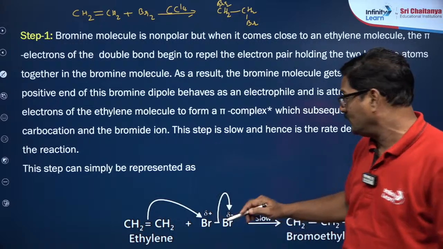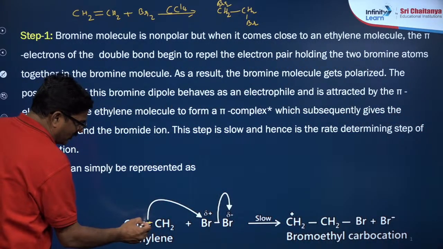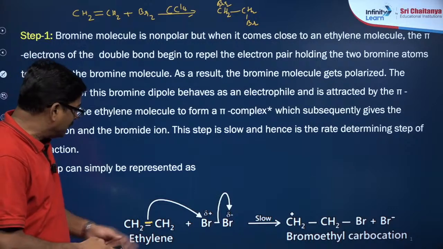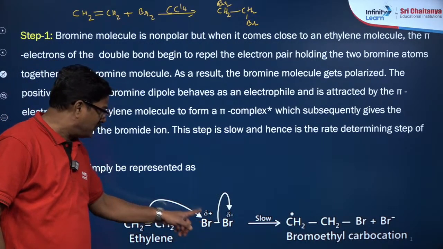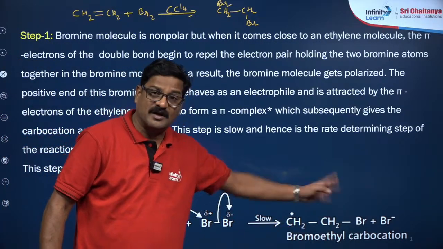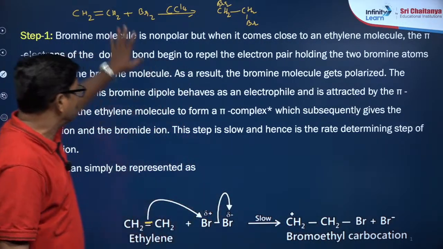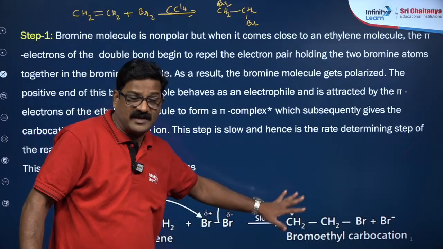First step, you see the pi bond जो है ethylene और ethene, ये pi bond जो है ये bromine को polarize कर रहे हैं, so that Br is attacking here, so that a carbocation is formed and Br minus is left. So this is the first step. So a classical carbocation is formed in this reaction.